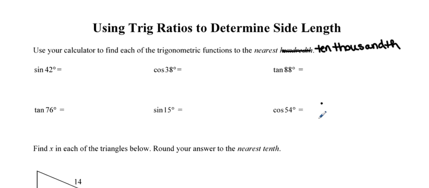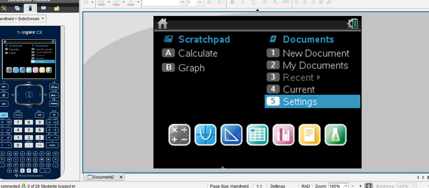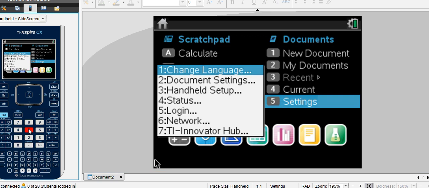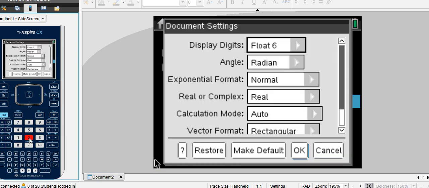Great. Now that you've got your calculator out, let's teach you how to use your calculator to find each of these trig functions. We're going to start by going home. Before we can find any trig function, it's very important to make sure that the settings on the calculator are correct. So I'm going to go into choice 5, which is settings, and then hit option 2, which is document settings.